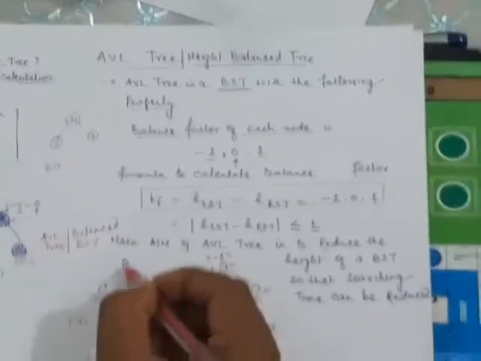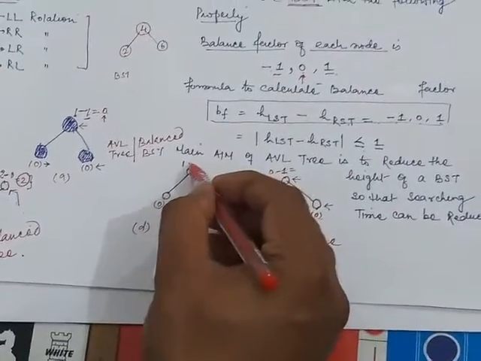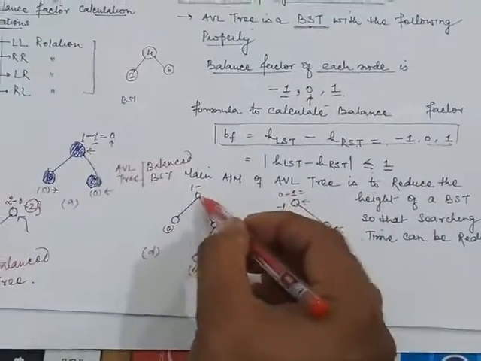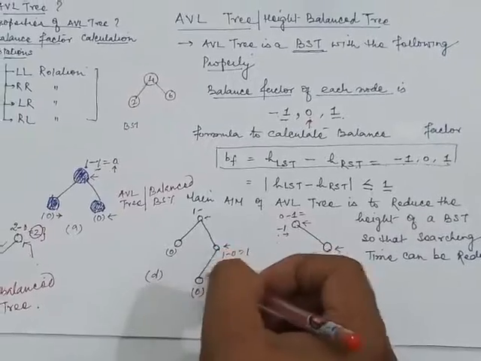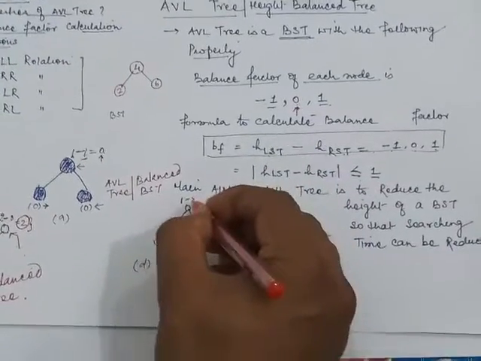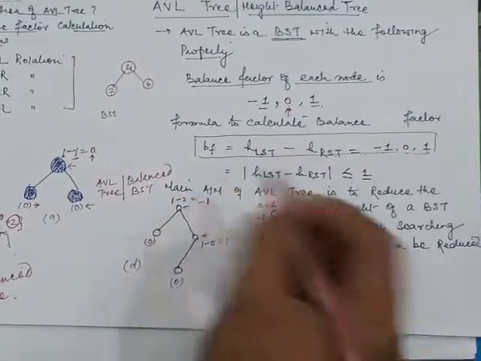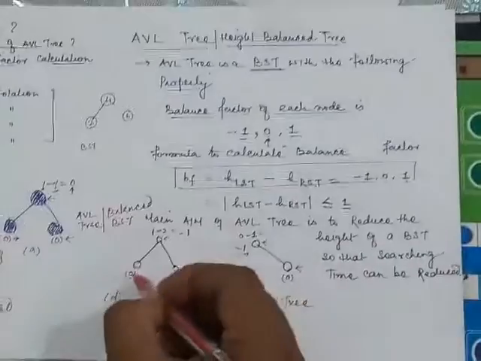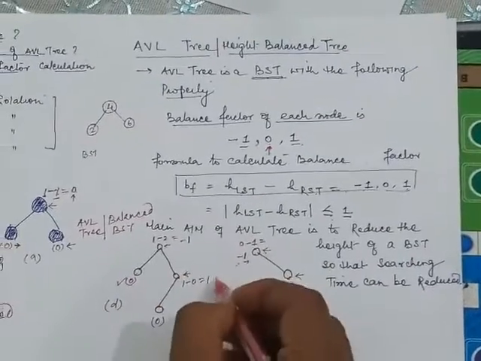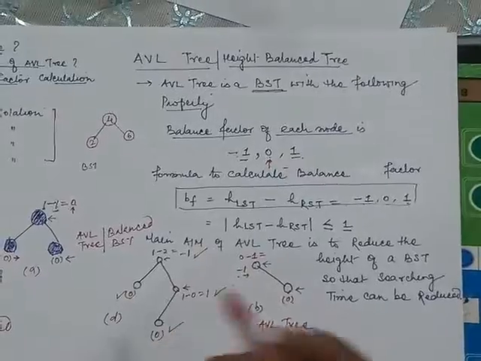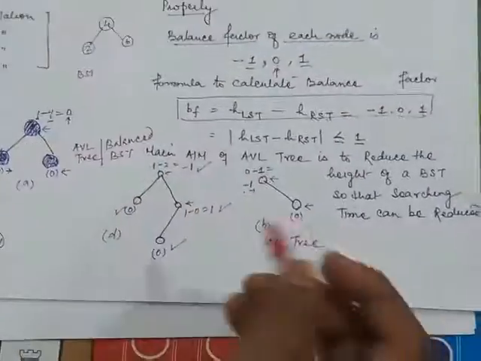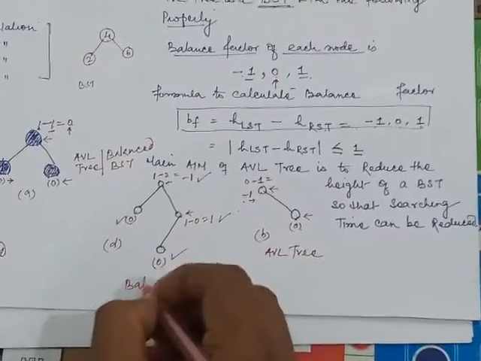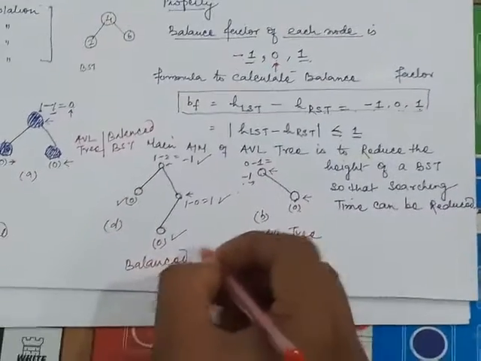Height of left subtree is 1, minus height of right subtree. From here you can count how many nodes are there, 1 and 2. So the height is 2. 1 minus 2 is equal to -1. So again, if you see the balance factor of each node, it follows the property of AVL tree, that is either -1 or 0 or 1. So we can say this is also a balanced tree.